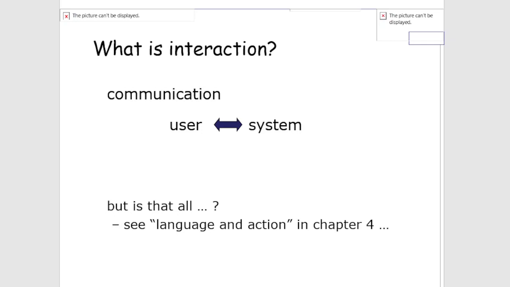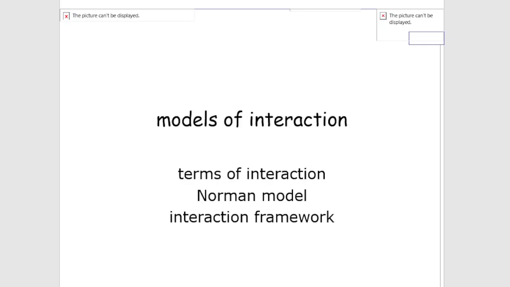And both of them are complex and are very different from each other, in the way that they communicate and in the way that they perform the task. So now we will look at the models of interaction that enable us to identify and evaluate components of the interaction and at the physical, social, and organizational issues that provide the context for it.